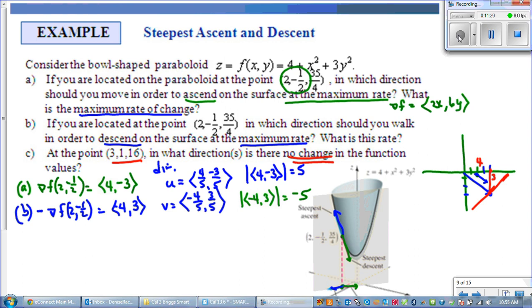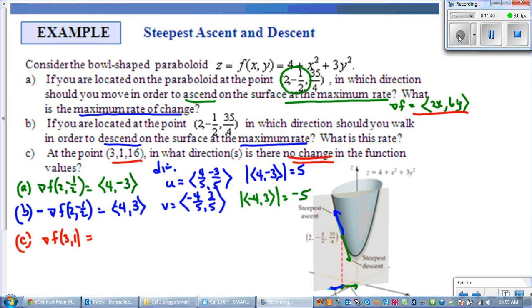Okay, they've changed points on me, so let me come back over here. We're now at the point 3, 1, so let's find the gradient of f at 3, 1. The gradient we found here. So at 3, 1, it will be 6, 6.